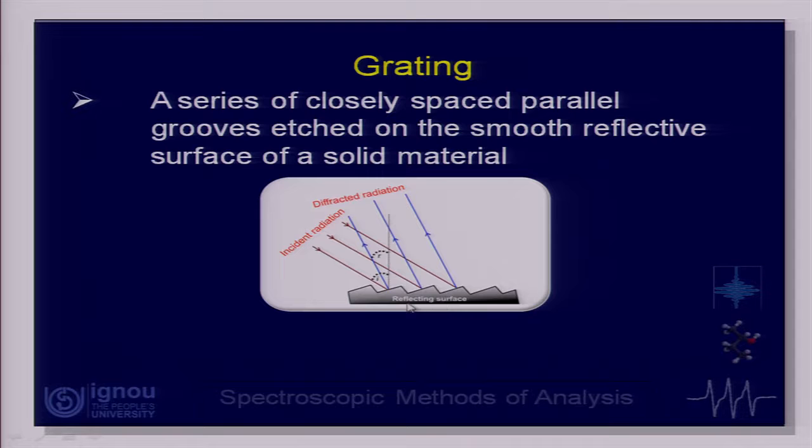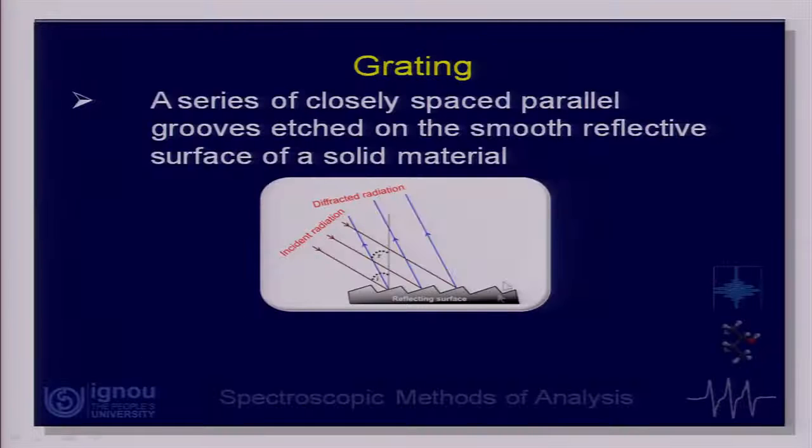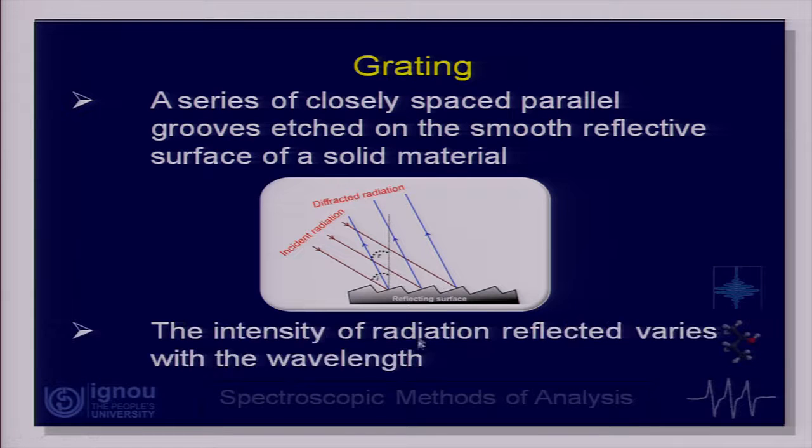Typically, you must have seen a compact disc, on which there are very fine grooves. Similar to that is the grating here. The purpose of this grating is that when radiation falls on it, it gets reflected, and the intensity of the radiation reflected depends on the wavelength.